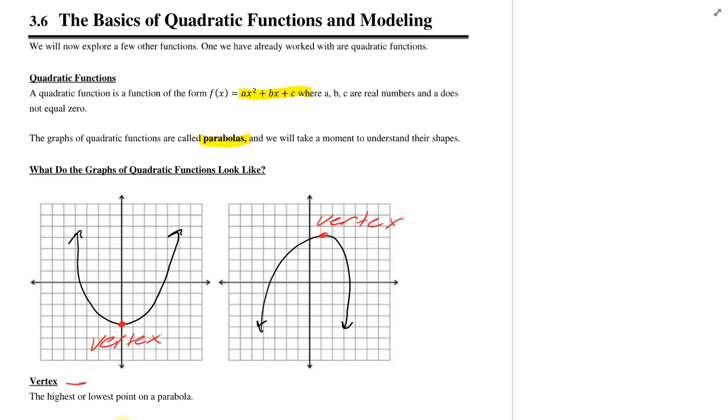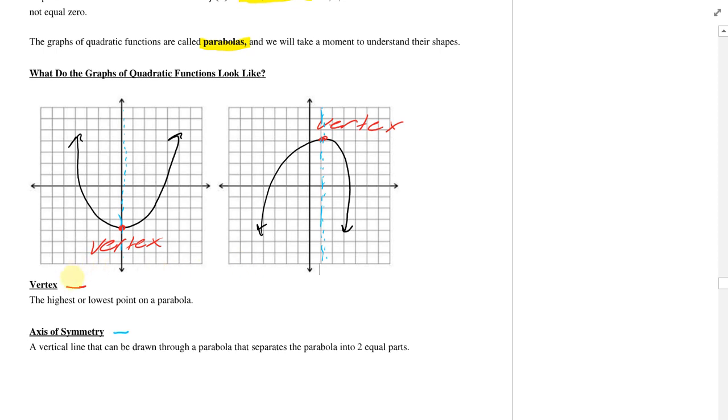Then I'll mark here in blue the axis of symmetry. This is a vertical line that can be drawn through the parabola that perfectly divides it. So it goes directly through that vertex. I just drew these two random parabolas here, and hopefully you can see my axis of symmetry. Okay, so that's my vertex and my axis of symmetry up there.